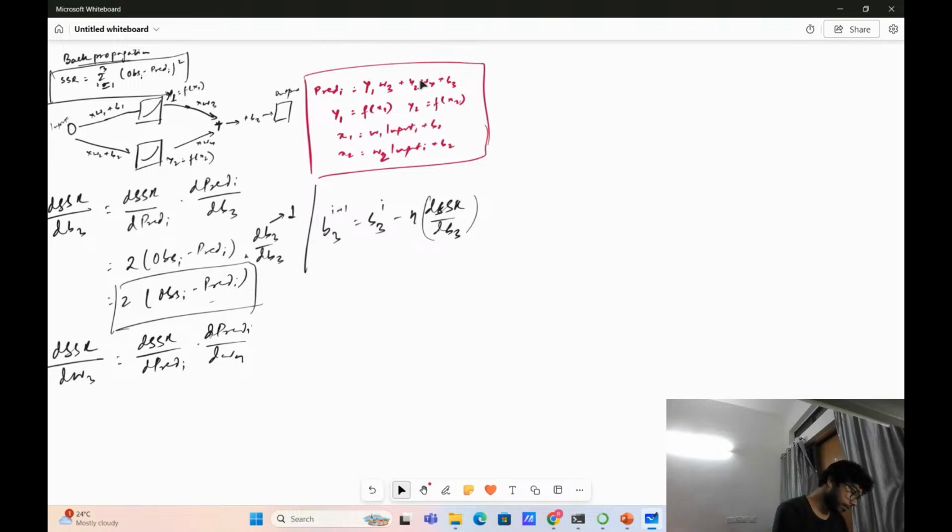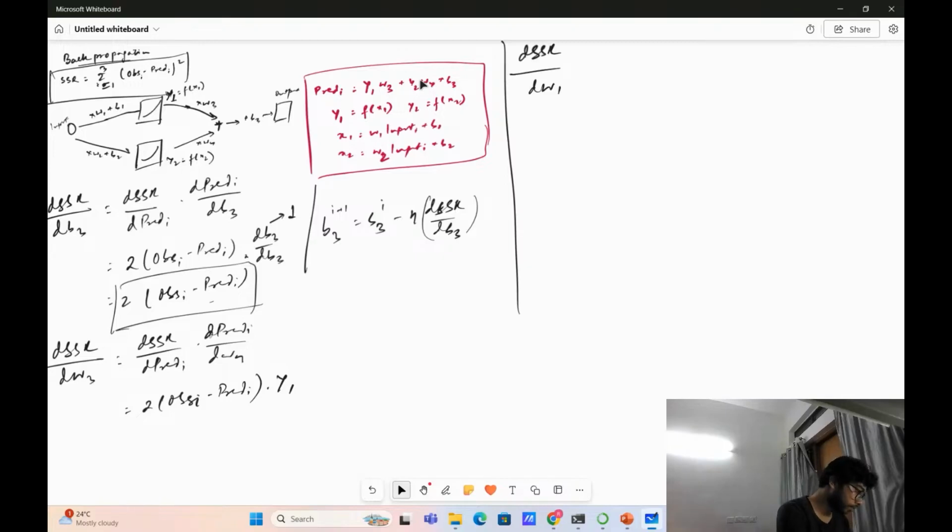So derivative of SSR with respect to W3 is similarly 2 into observed minus predicted times y1. Okay, this is it.